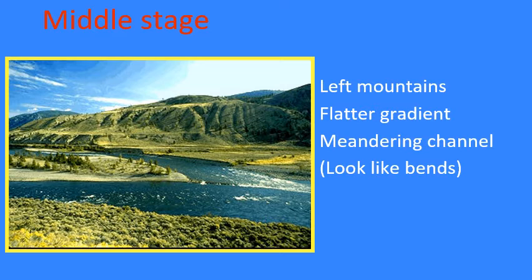Please have a look at my photograph. I've just seen that I have a really bad typo. It should be loop-like bends because the river loops from one side to the next. So that's important to remember. A mature river meanders.